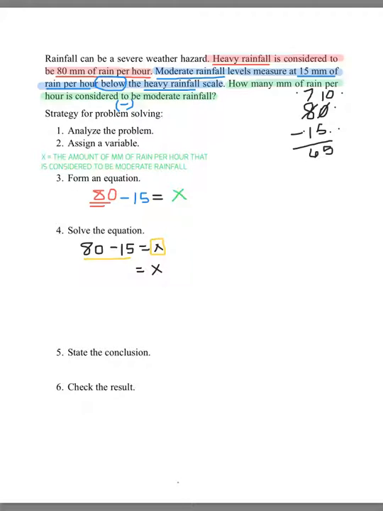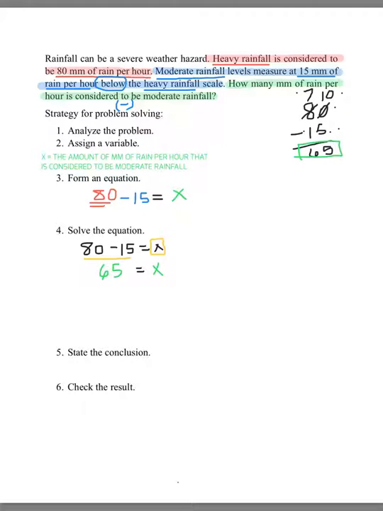So 80 minus 15 is equal to 65. Now I'm going to go ahead and color code the x. There we go. So we know x is equal to 65.